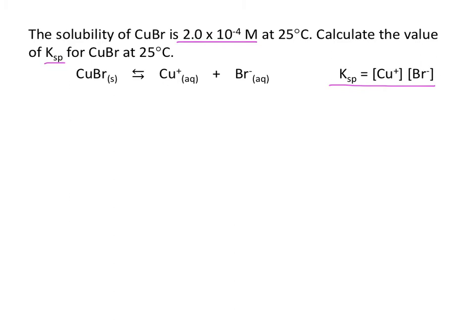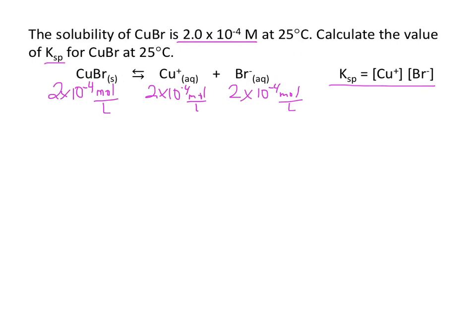So the solubility, 2 times 10 to the negative 4 moles per liter, means that if we had 2 times 10 to the negative 4 moles of CuBr in, let's say, a liter of solution, that many moles would break up into Cu+ and Br-. Since it's a 1-to-1 ratio, we would have 2 times 10 to the negative 4 moles per liter of Cu+ and 2 times 10 to the negative 4 moles per liter of Br-, because all of that CuBr will break up into Cu+ and Br-.